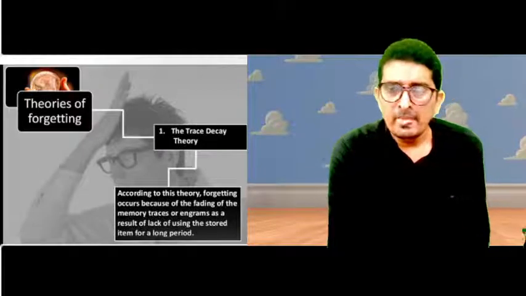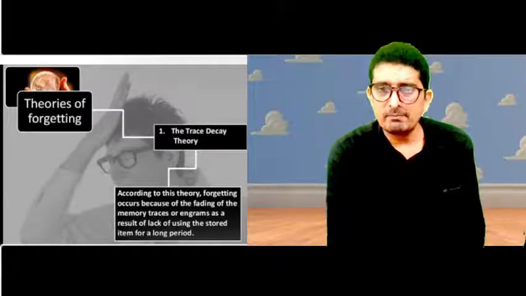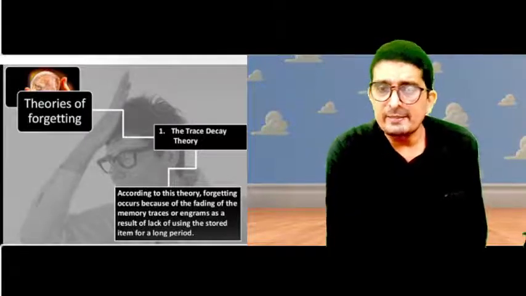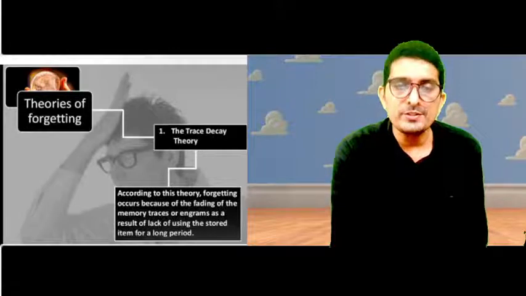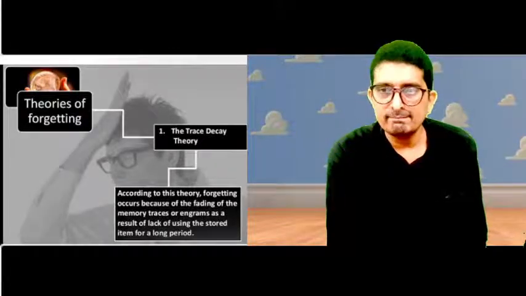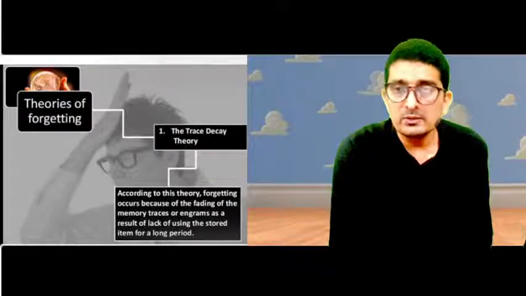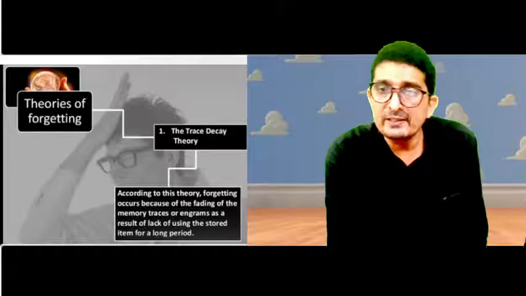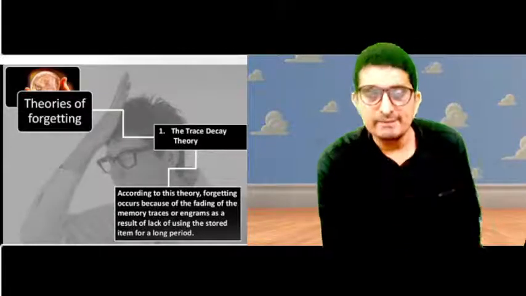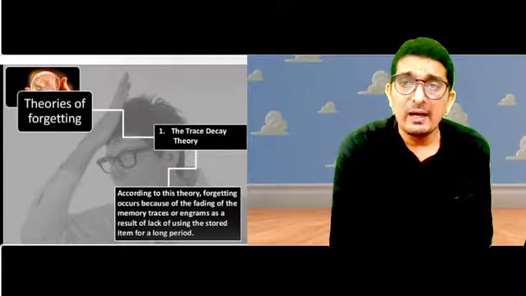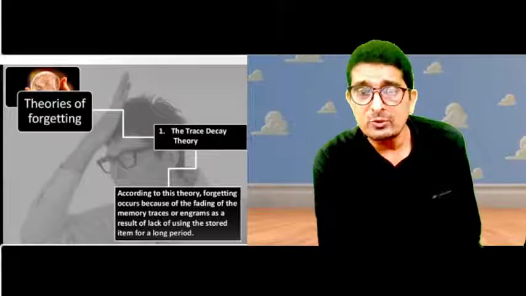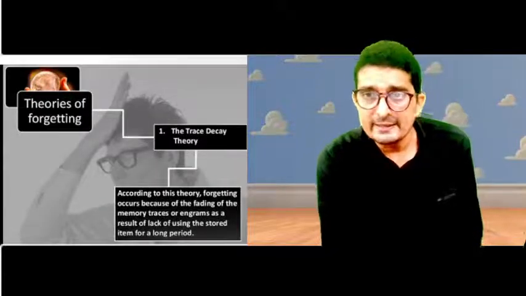Similarly, we store some items as traces or engraves, and when we are not using these items at regular intervals, they may fade. The engraves will be fading, so we will not be able to make use of the faded items when we need them. So we have to make use of the items at regular intervals, according to the trace decay theory.